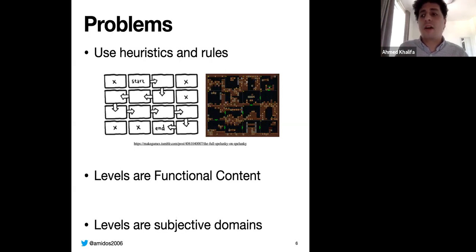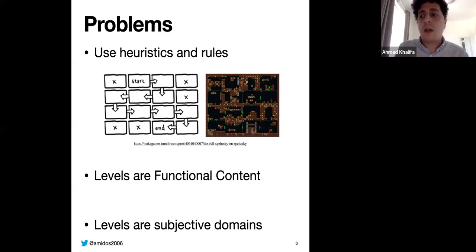People won't say, oh, everything in the level is good except that one gap. They will just say that's a broken game because of that level. So we always need a functionality constraint, or a certain quality to be passed, at least for the content itself. That's why most people look at levels as an optimization problem.